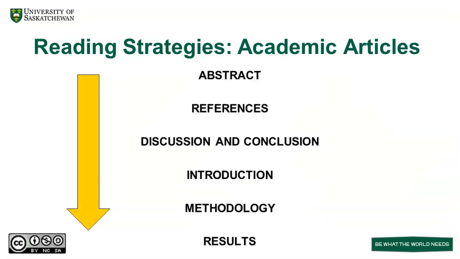Instead, what we want to consider first is the abstract, then look at the references, discussion and conclusion, introduction, methodology, and results. So it's going to involve moving around the text a lot, but with each step, it's really going to give you an indication as to whether or not you need to continue engaging and reading this text.